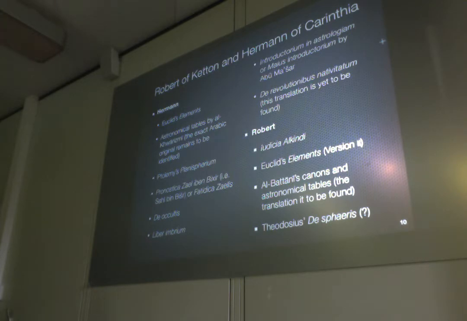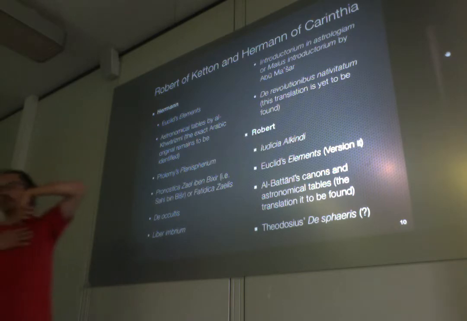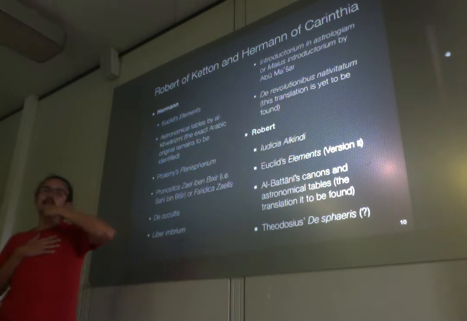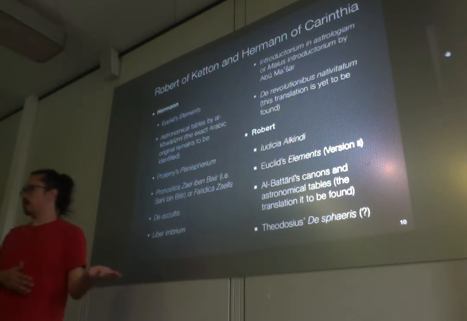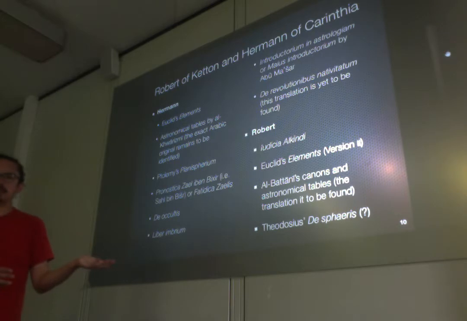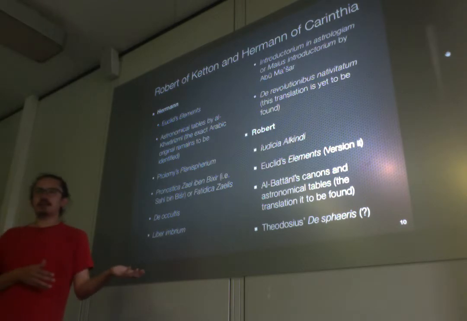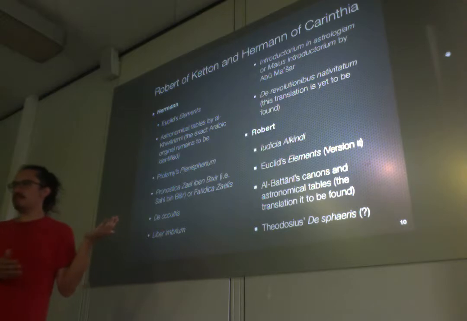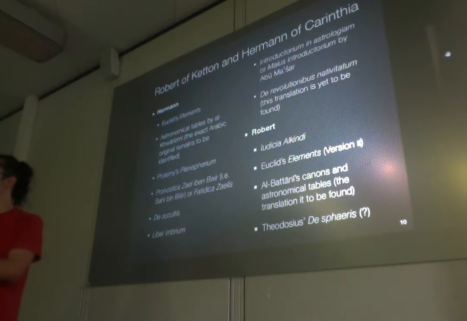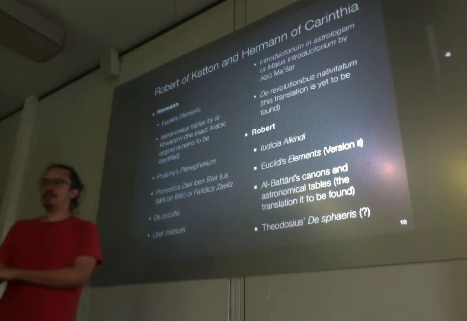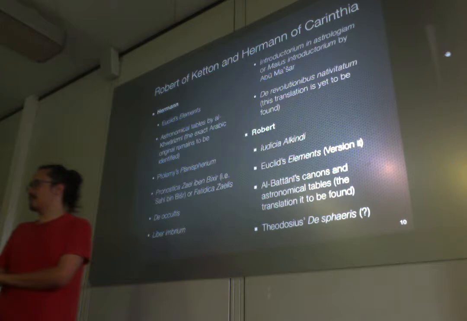Just to go quickly, these are the other translations of Robert and Herman. As I said, Robert and Herman were hired by Peter the Venerable, but they weren't actually interested in Islamic texts. It seems that if the translators hadn't been hired to do Islamic translations, they wouldn't have done them.